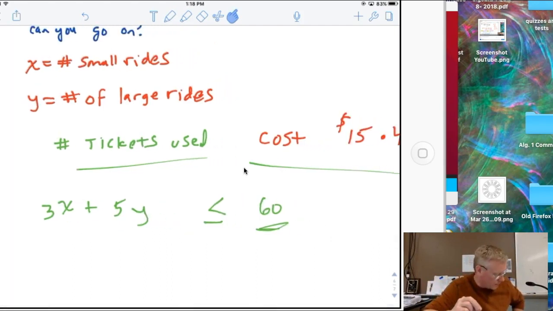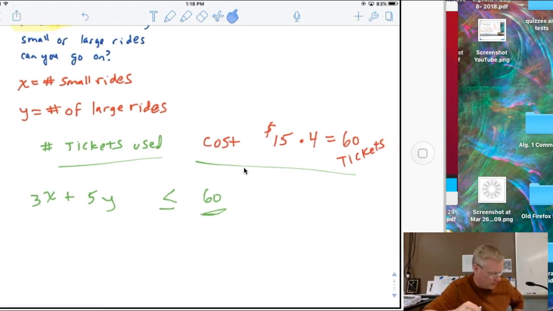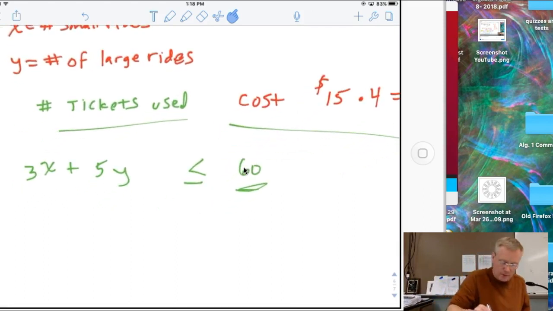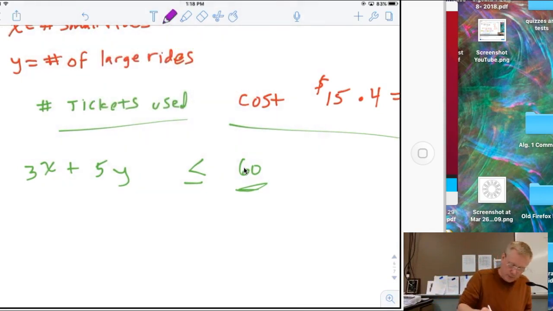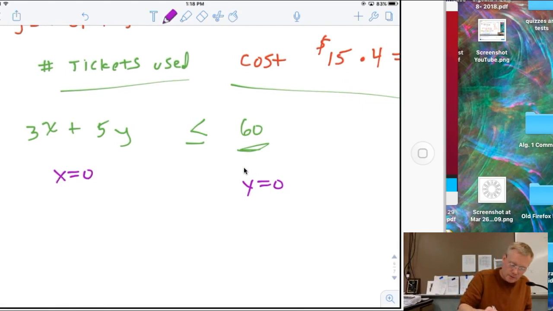All right. So now I'm going to solve this rather than manipulating the equation. I'm going to do it with x and y intercepts, okay? Which means I'm going to plug in x equals 0, and over here I'll plug in y equals 0. And we will find the y-intercept, and we will find the x-intercept.